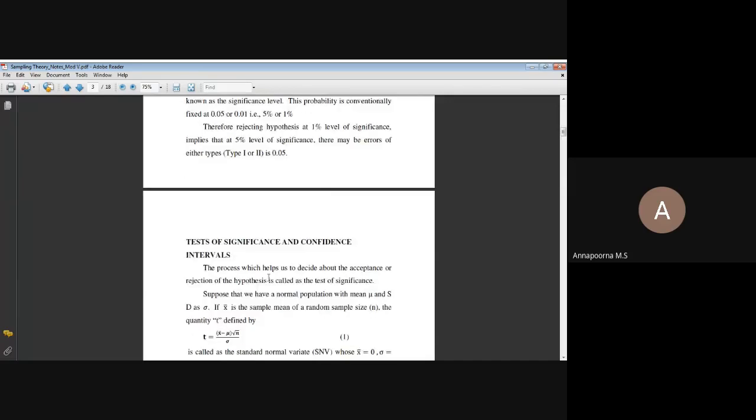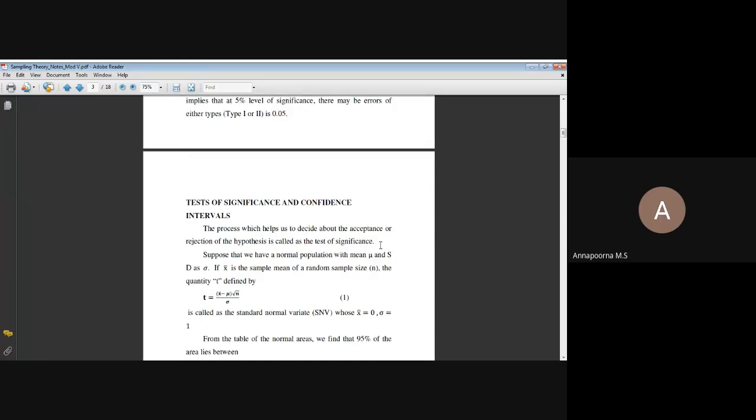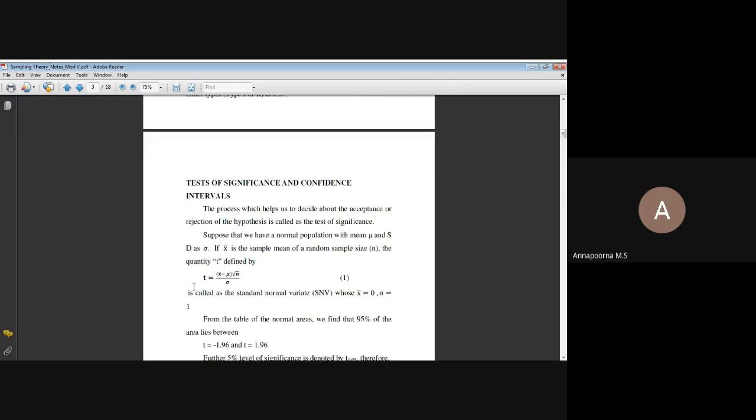Now, let's see test of significance and confidence intervals. If the mean is mu and standard deviation is sigma for a normal population and x bar is the sample mean, then this term is called the standard normal variate and is given by (x bar minus mu) into root n divided by sigma. What does this test of significance mean?